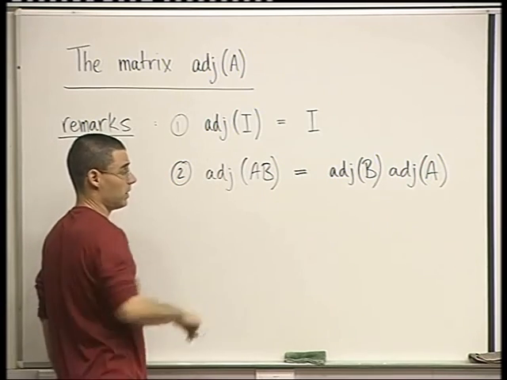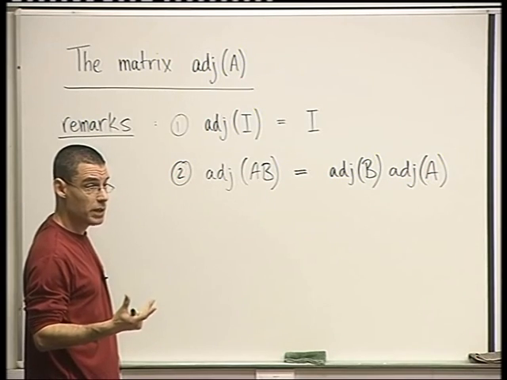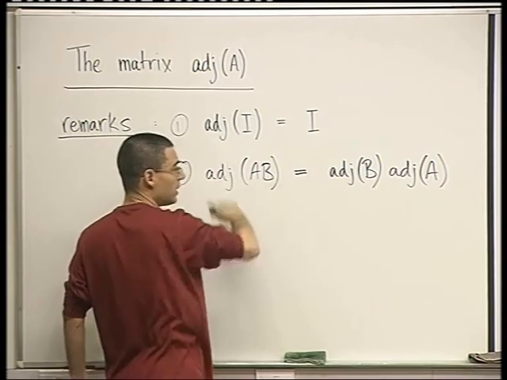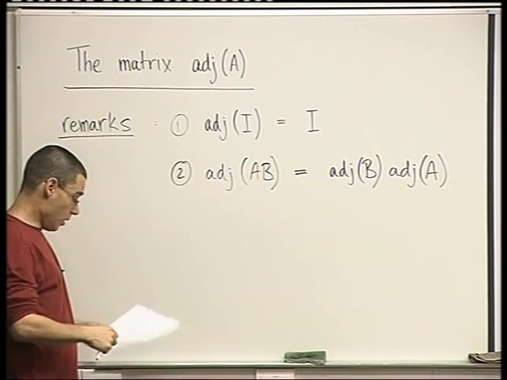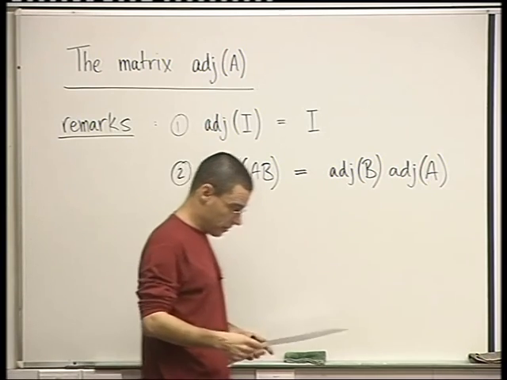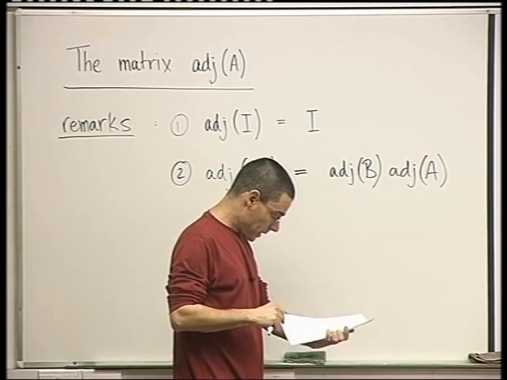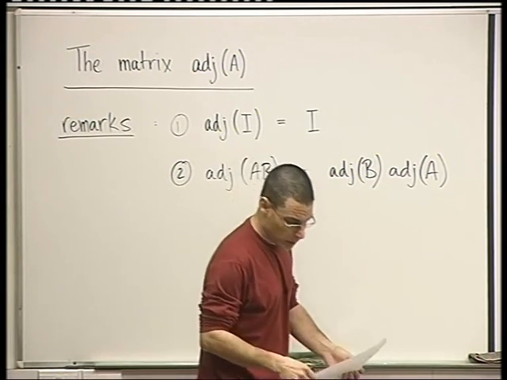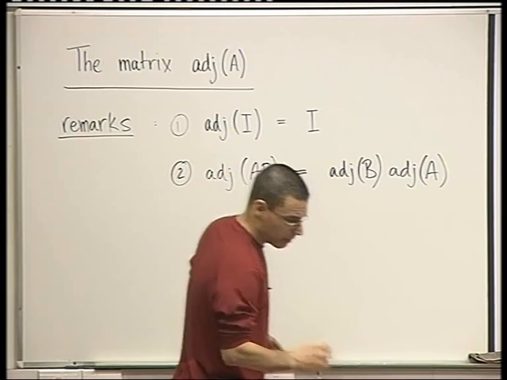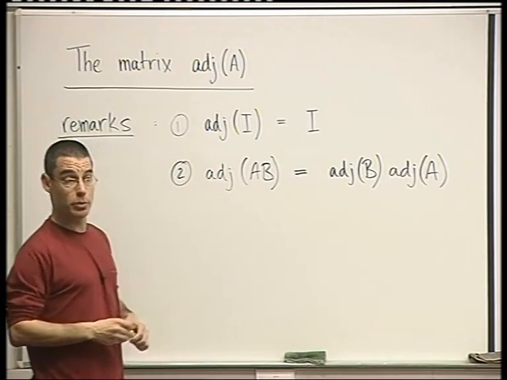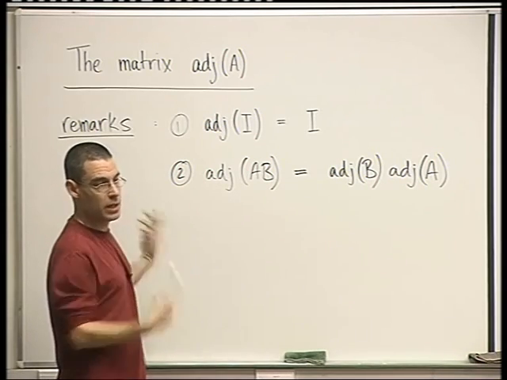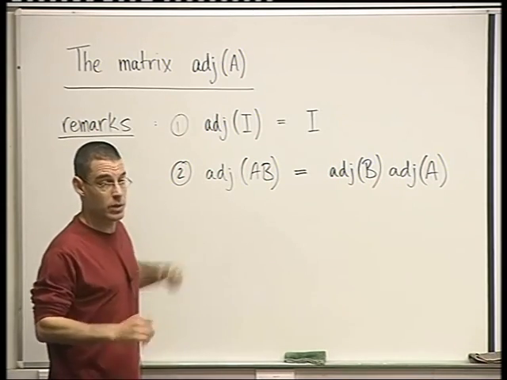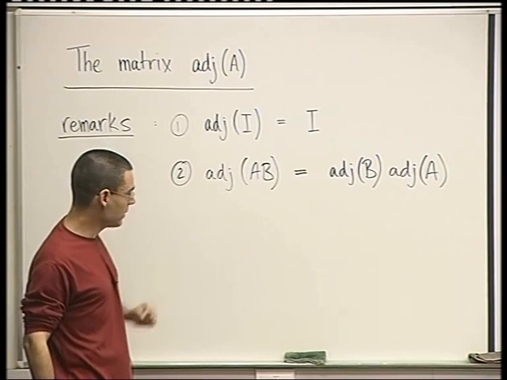We've seen this phenomenon in the transpose, right? So this is not something that should come as a big surprise. Okay, good? Okay, so this wraps up our discussion of adj A. And what I want to do next, as promised, is what's called Cramer's rule, a new method of solving systems of equations based on some techniques and notions that we now have available. So that's coming up next.